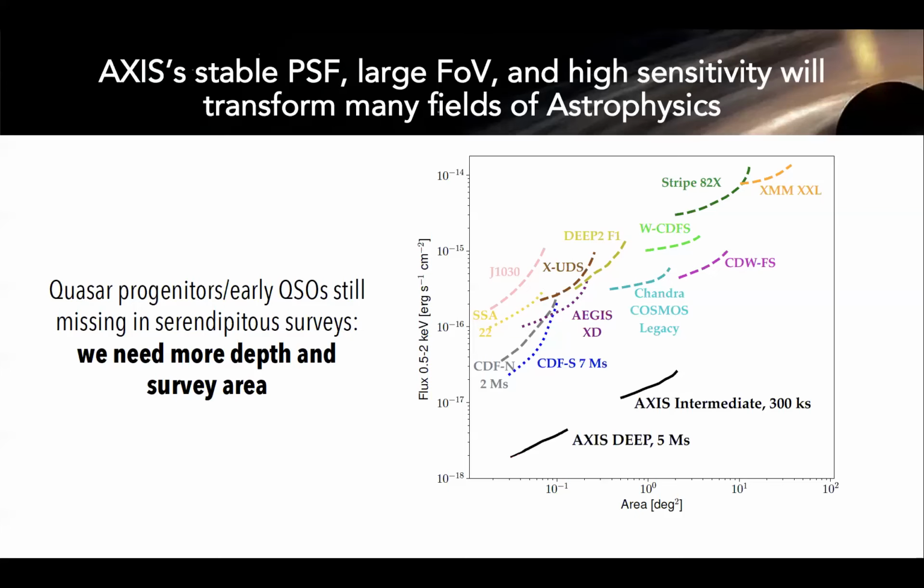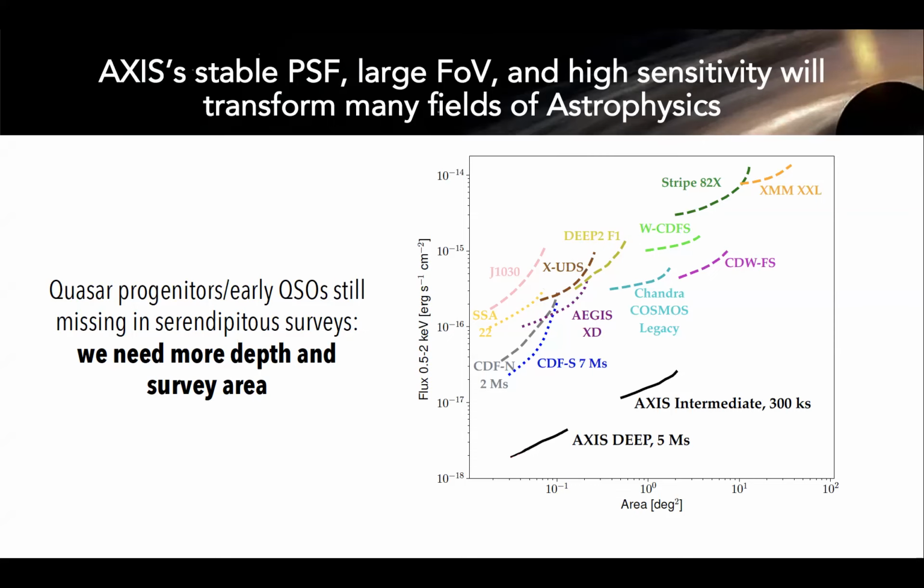Okay, so as of right now, quasar progenitors and early QSOs are still missing in many serendipitous surveys. So here I'm showing many X-ray surveys that have been taken in the past, including CDFS and the Chandra Cosmos legacy. And what I'm overplotting here are the sensitivities that we can reach with two different fields, an Axis deep field, which will be about 5 megaseconds, and an Axis intermediate field, which will be about 300 kiloseconds or so.